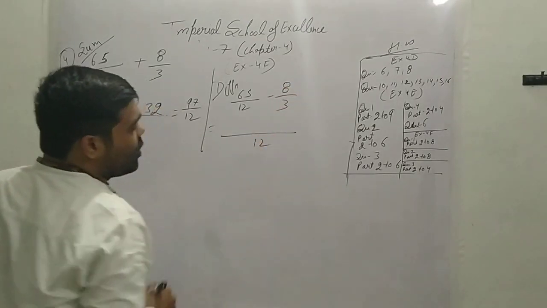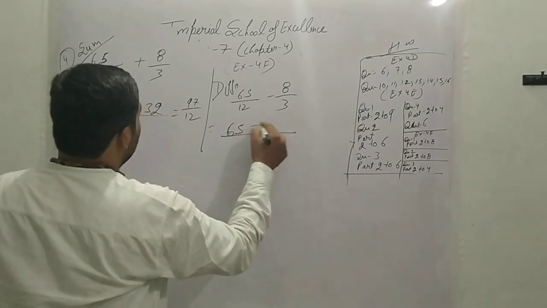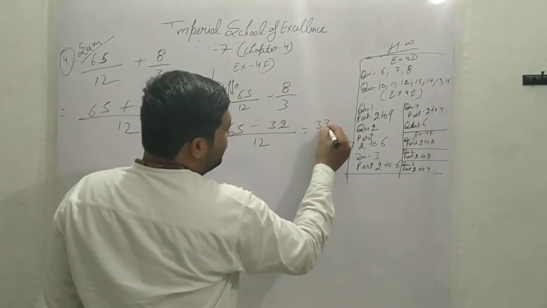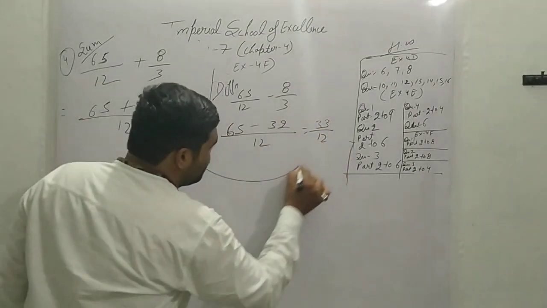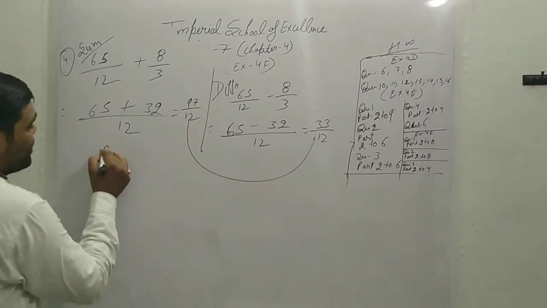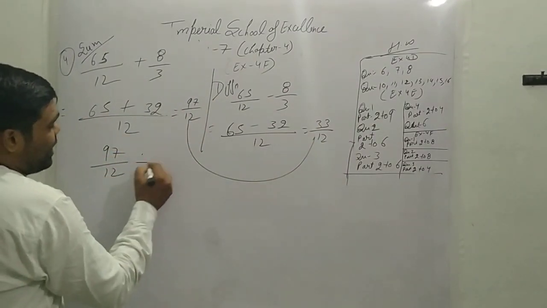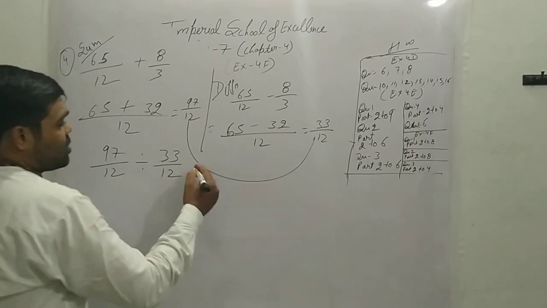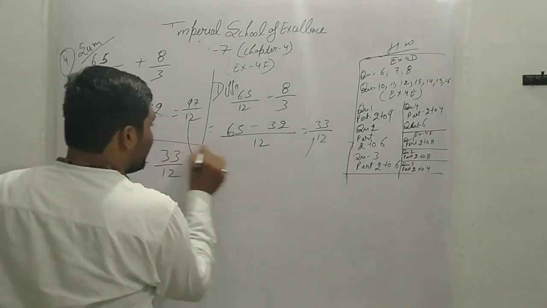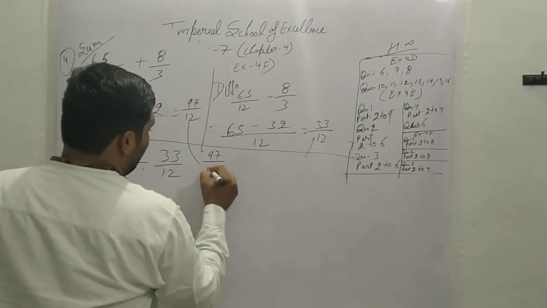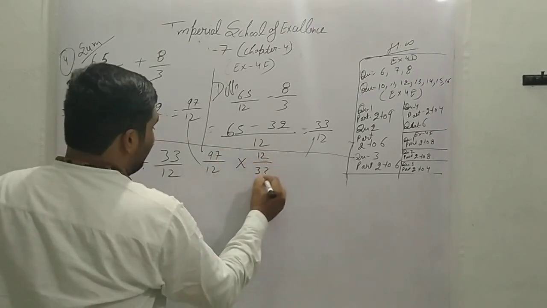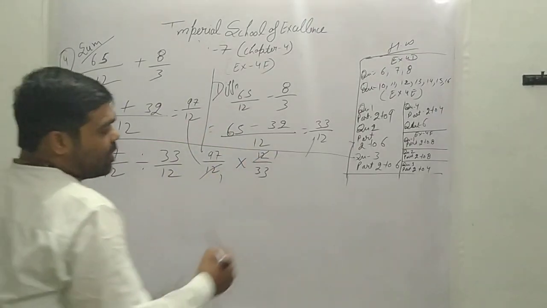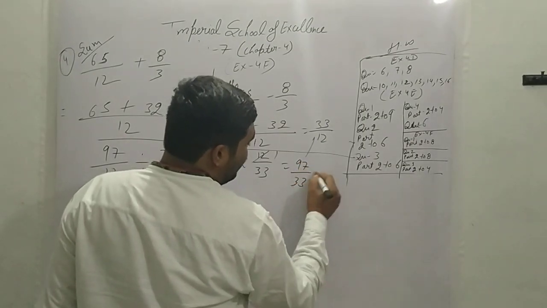Same here, 12 will be your LCM. 65 minus 32, when you do this, it will be 33 upon 12. Now you have to divide both of these. 97 upon 12 divided by 33 upon 12. Now you have to take the reciprocal also. The divide sign is removed, the multiply sign is put, and the reciprocal is taken. 97 upon 12 multiplied by 12 upon 33. 12 ones are 12. Your answer will be 97 upon 33.